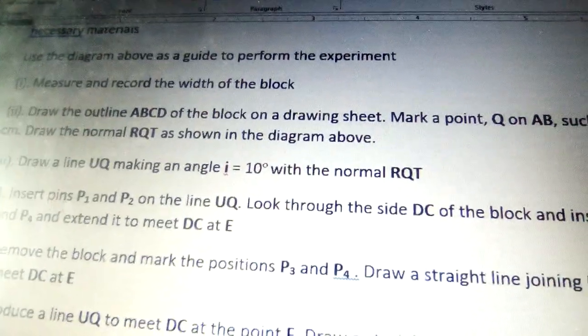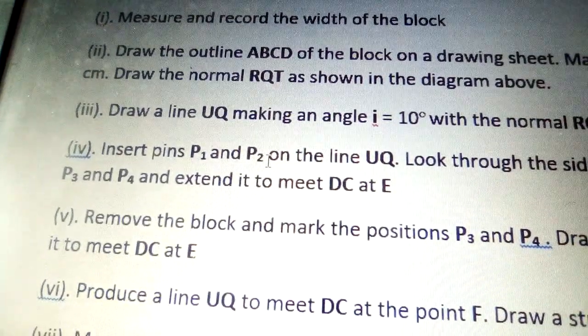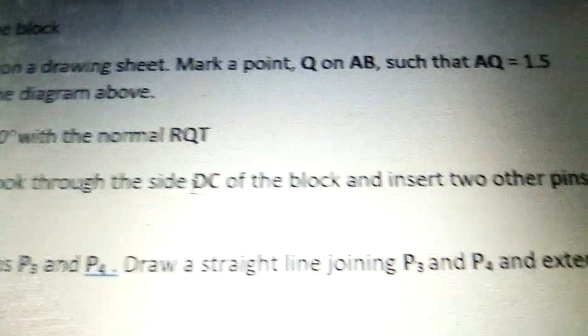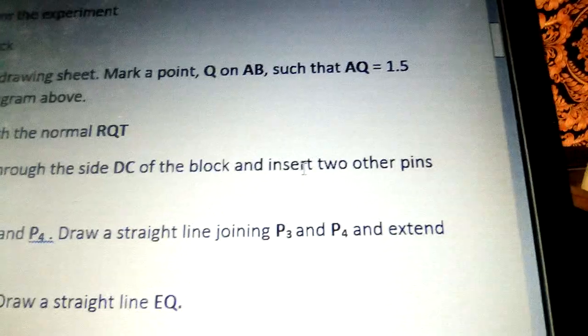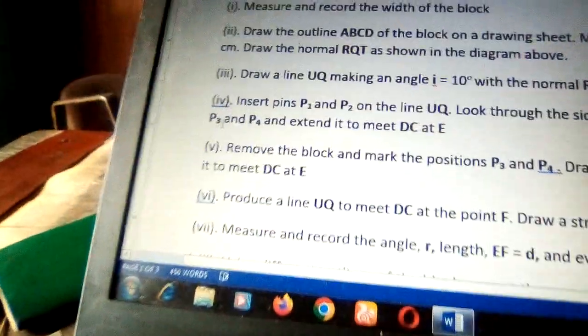Then number 4 says insert pins P1 and P2 on the line UQ, the incident ray. Look through the side DC of the block and insert 2 other pins, P3 and P4.